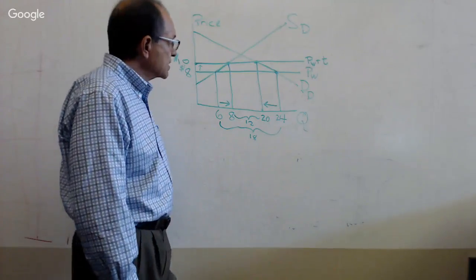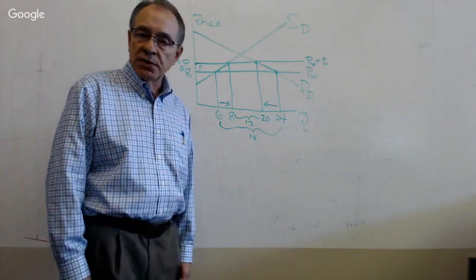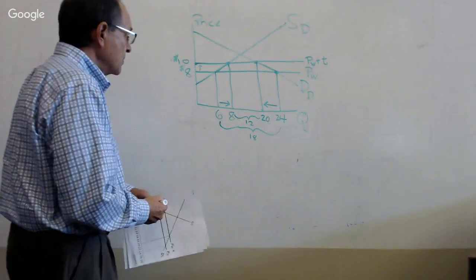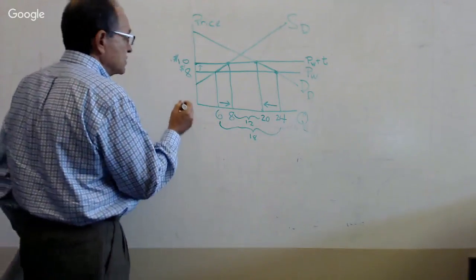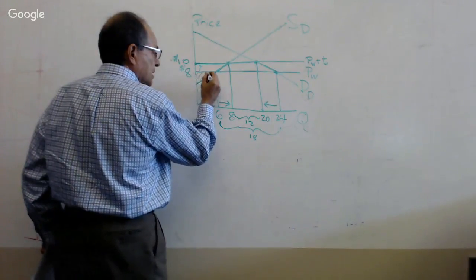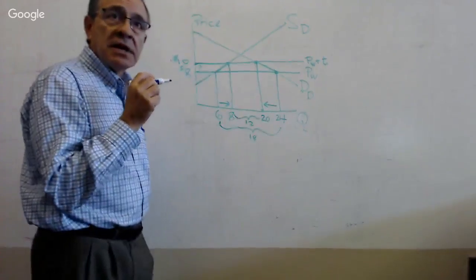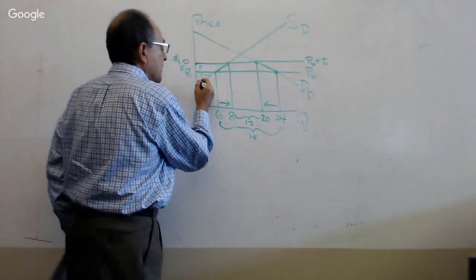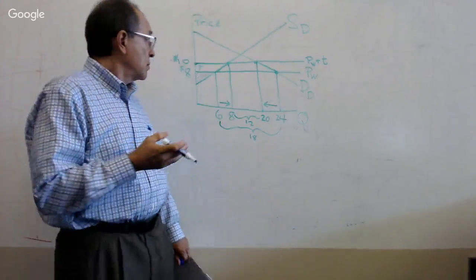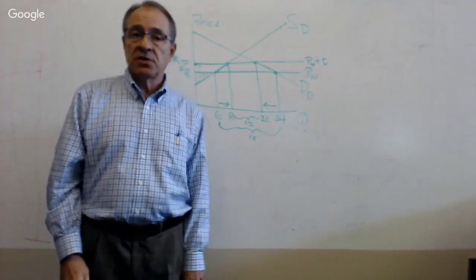Let's look first at producers. If you recall from my earlier videos, this area that I'm putting a little dash around, this blue area, that was producer surplus prior to the price increase.